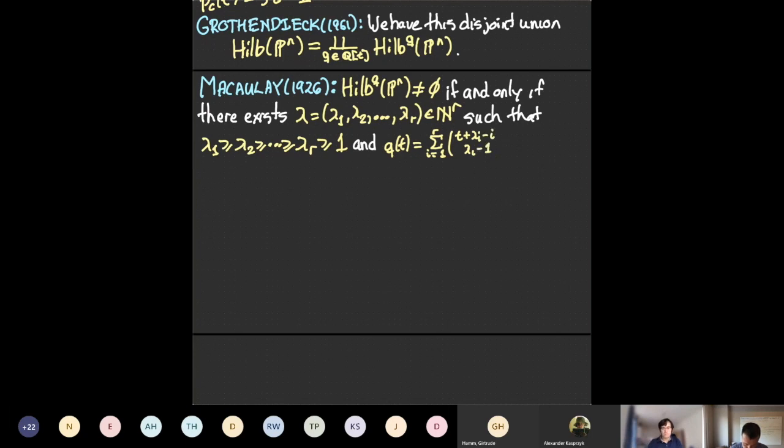In this slightly strange way. So I think of my binomial coefficients as a polynomial in t. There are many different ways to think about binomial coefficients, but if you just expand it in terms of factorials, I'll get a product of things involving t's in the numerator and a product of things involving the integers in the denominator.